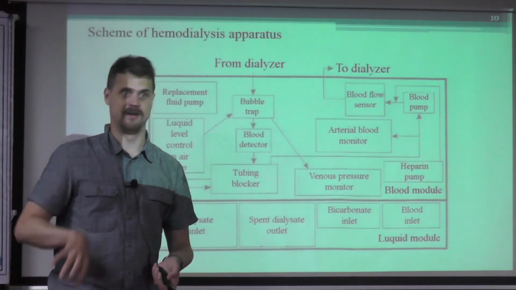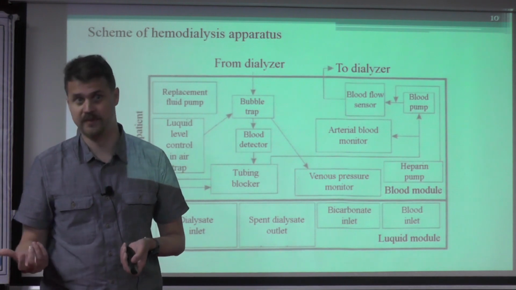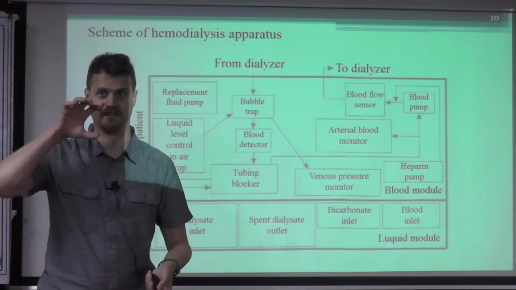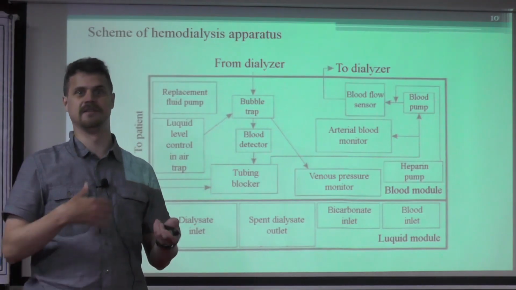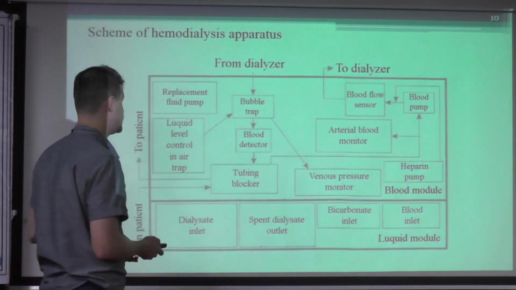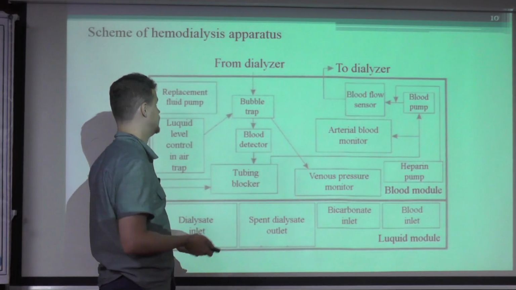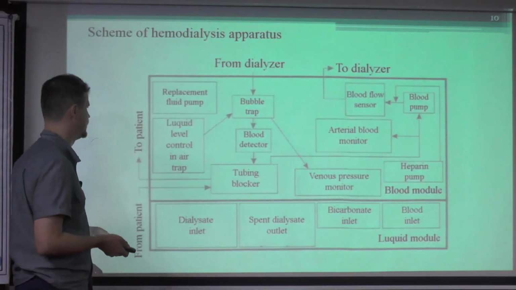Otherwise, there will be a very dangerous condition for a patient, when this air bubble goes to the blood system, and it can result in the heart failure. That means that this particular system requires a bubble trap, a bubble detector.